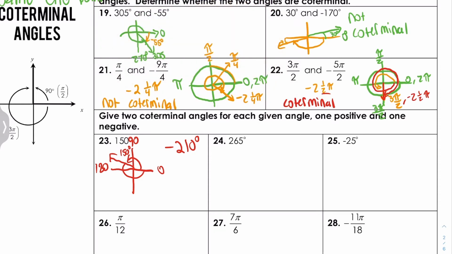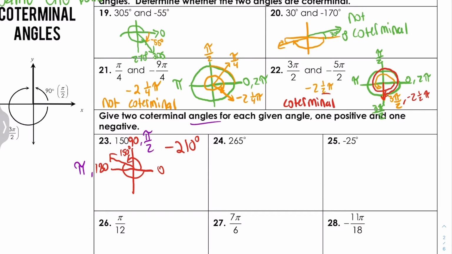Or it says a different angle. It doesn't say it has to be in degrees. So if I make this in radians, then 90 degrees is pi over 2 radians. 180 degrees is pi.